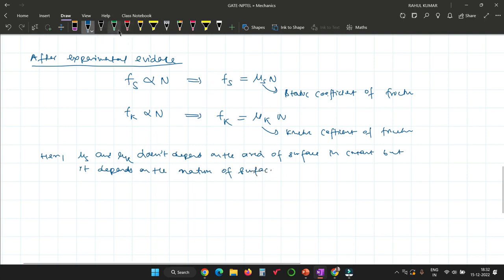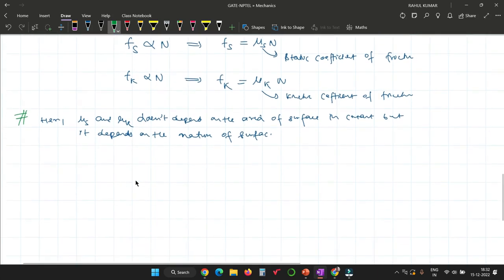This point is actually very important. So what I'm trying to say is that mu s and mu k are a surface property, not the amount of area. Is there any doubt? Tell me.